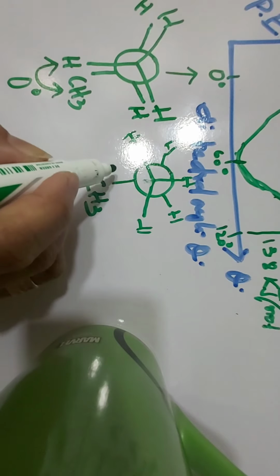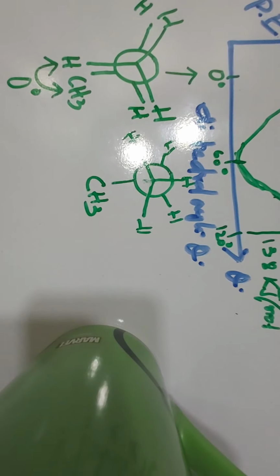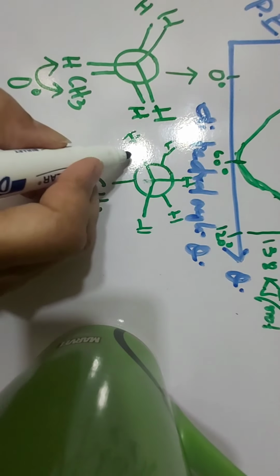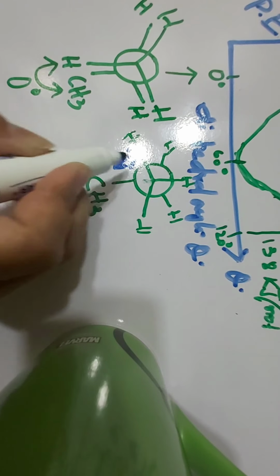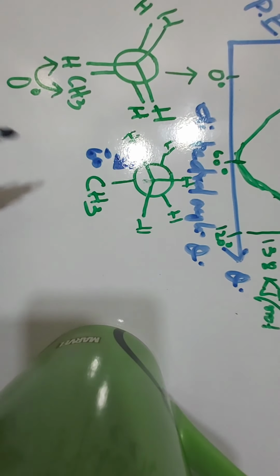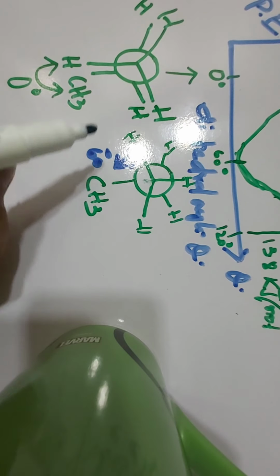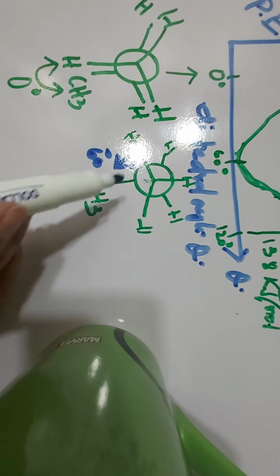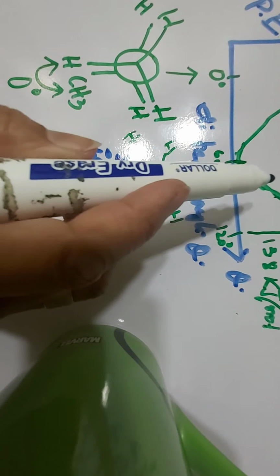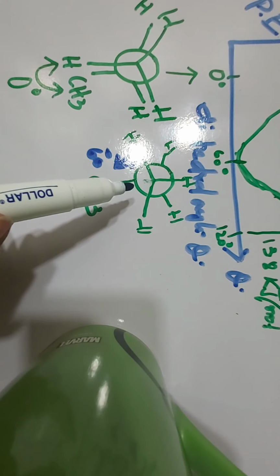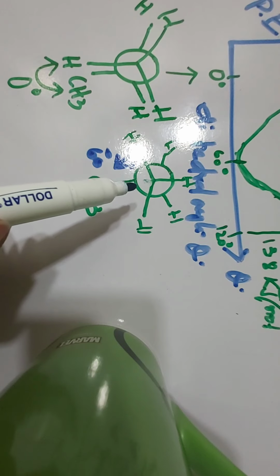So you are going to simply see the angle when it rotates. This rotation is 60 degrees, right? 60 degrees rotation between hydrogen and methyl group. The angle between them is 60 degrees. So you can see a decline, right? At this staggered position.